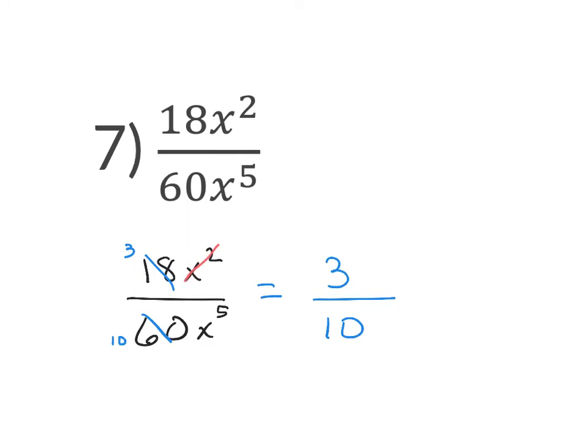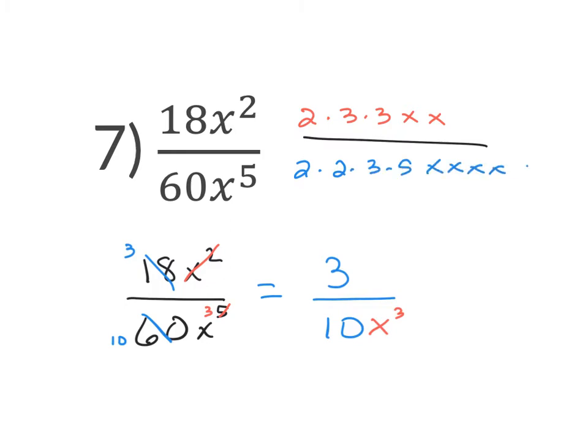Take out 2 x's out of this, leaves me 3 behind. If you want to factor the 18, 2 times 3 times 3, and x times x, and then the 60 would become 2 times 3 times, I need another 2. 2 times 2 times 3 times 5. X, x, x, x. 15, 30, yep.